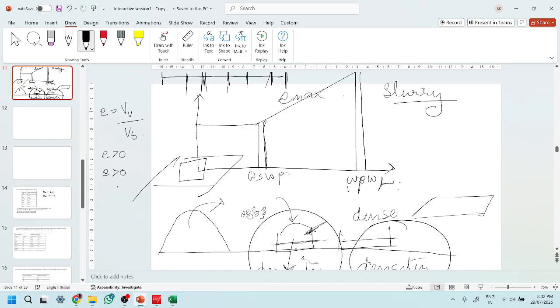Because if it becomes 0, then your soil stops being a particulate material. Then it is a pure solid. Pure solid or impervious? No, pure solid it will become. Impervious, we talk about rocks. We can say that this is impervious because the permeability is too low.